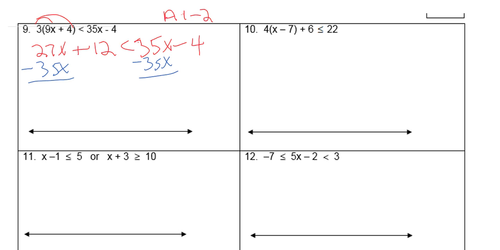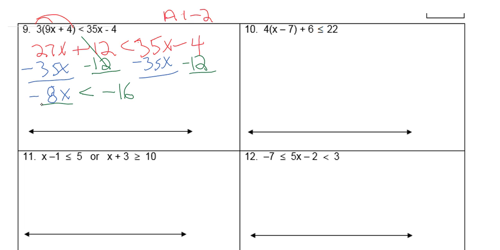We're going to get a negative 8x, and at the same time we could also subtract our 12 so that we can set it up so the numbers will be on the right. Of course that goes to 0, and negative 4 take away 12 is going to give us a negative 16.